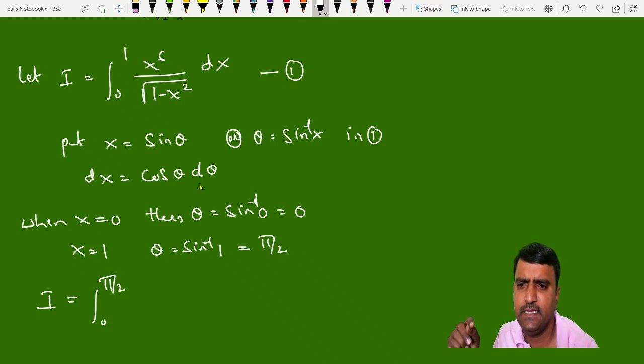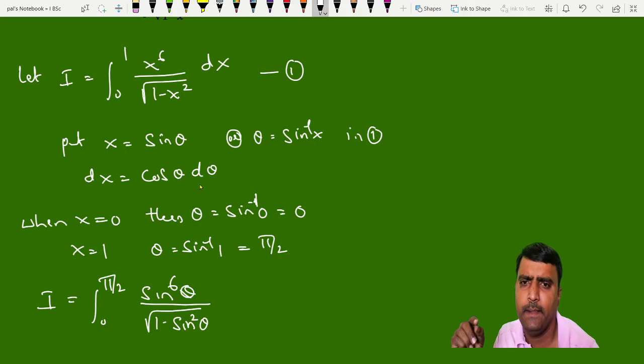X is sin theta, so it is sin to the power 6 theta divided by root of 1 minus sin square theta into dx. The value of dx is cos theta d theta.